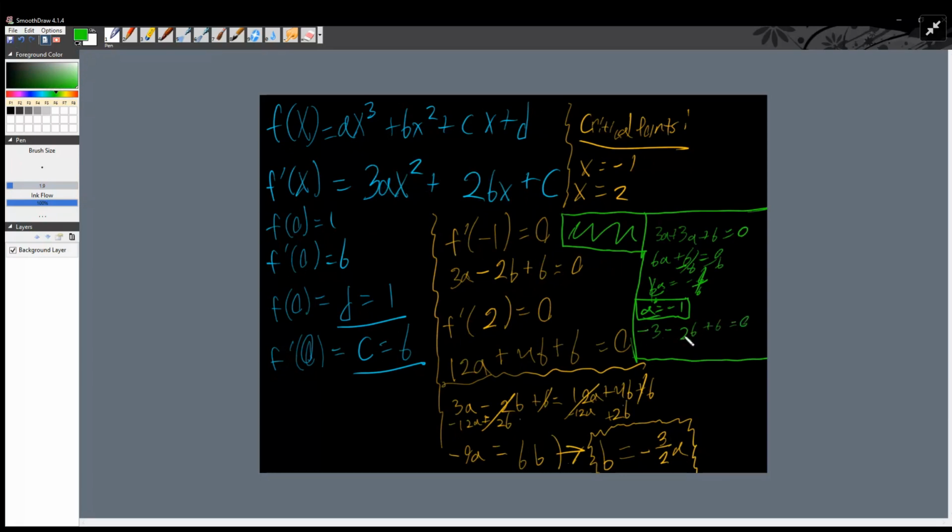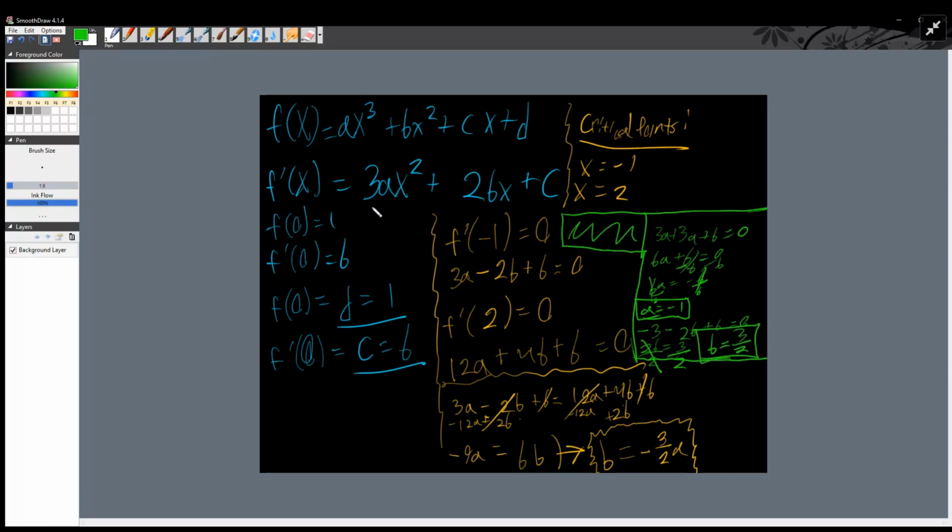We combine like terms: 6 minus 3 is 3. We add 2b to both sides, and then we get 2b is equal to 3. From there, divide both sides by 2. B equals 3/2.